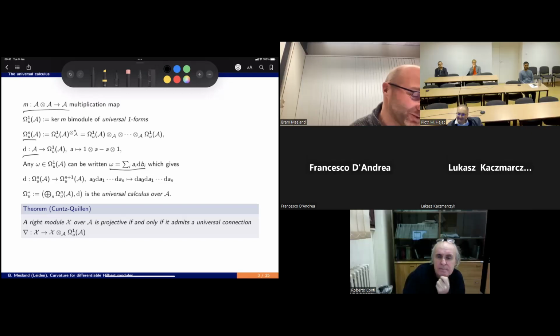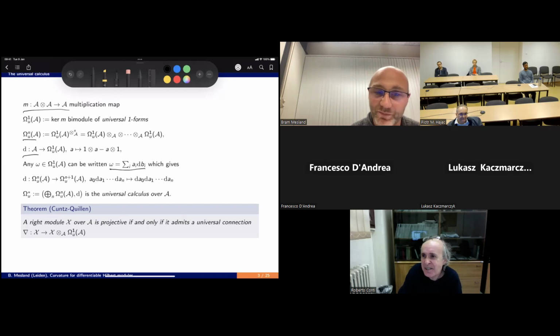So this gives us the universal calculus. And then, as indicated here on the bottom part of the slide, there's a nice theorem of Cuntz and Quillen that, again, in purely algebraic setups, characterizes projectivity of modules. And that can be characterized as stated in this theorem.